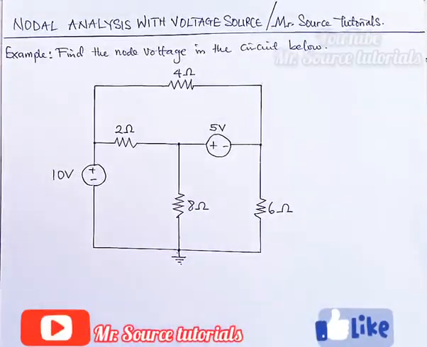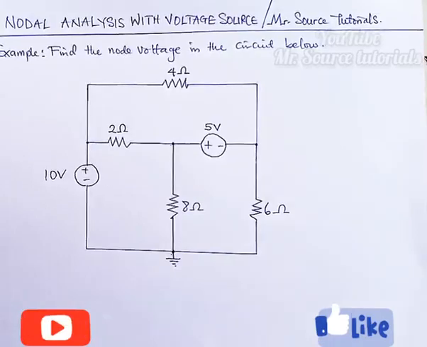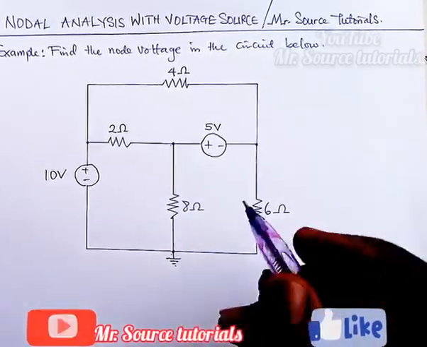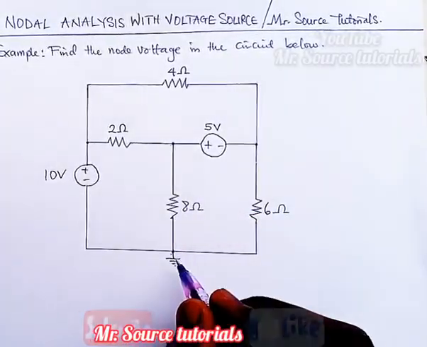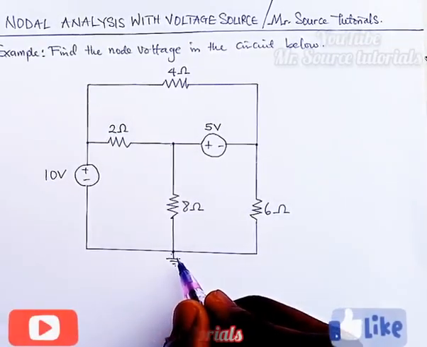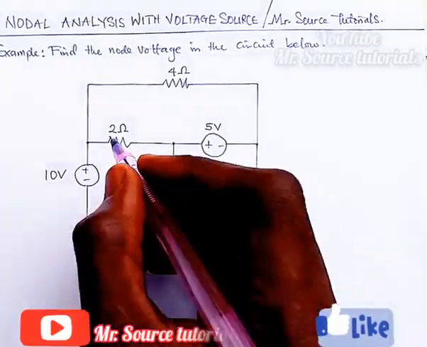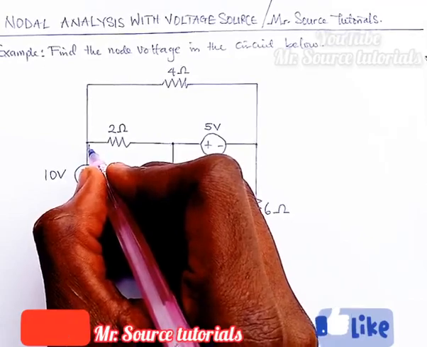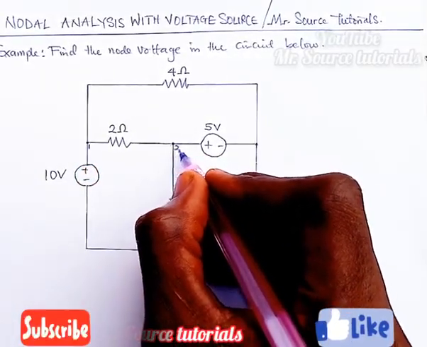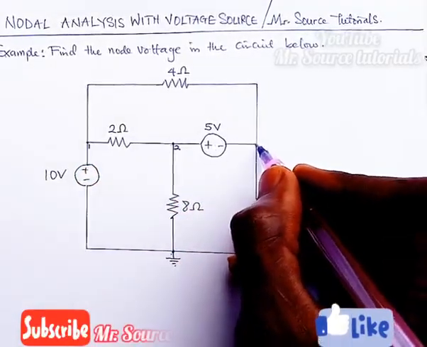The second case is when you have the voltage source applied directly between two non-reference nodes. What you need to do first is assign the nodes. This is the reference node. We already know this, where it's always taken from the bottom part of the circuit. So this is our node 1, this is our node 2, while this is our node 3.